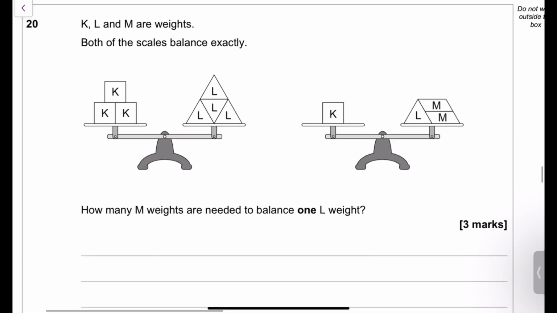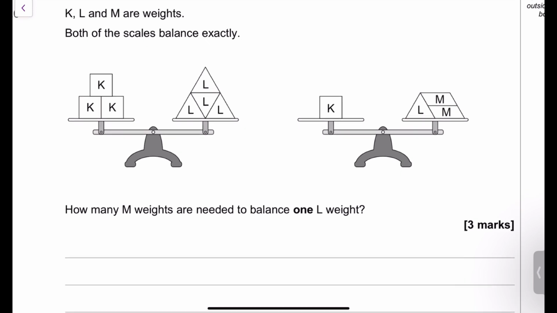Okay, right. K, L, and M. Both of the scales are balanced exactly. How many M weights are needed to balance one L weight? Okay, absolutely no idea. Right, here you've got 3 Ks, and here you've got 1, 2, 3, 4 L's, so 3K equals 4L.